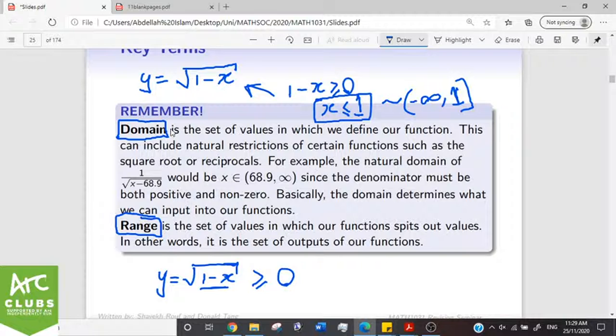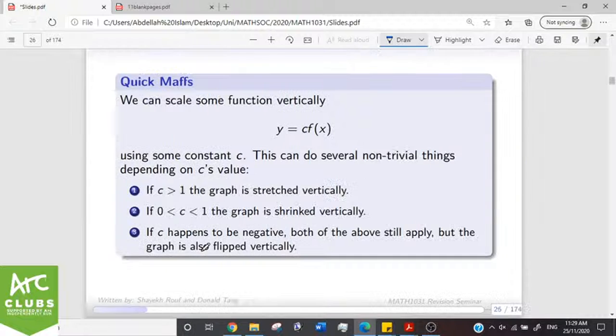As x goes to minus infinity, this whole thing will go to infinity. So this is equivalent to saying [0, infinity) with a square bracket this time because it can equal 0. And that's what we call our range. It's the set of values that our function can spit out. Cool.